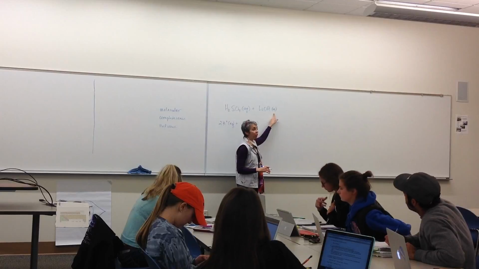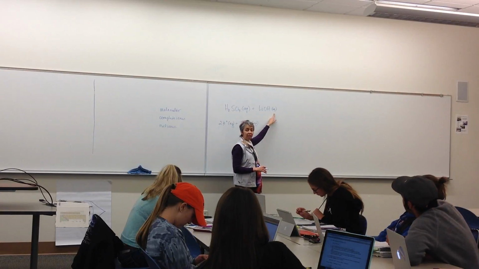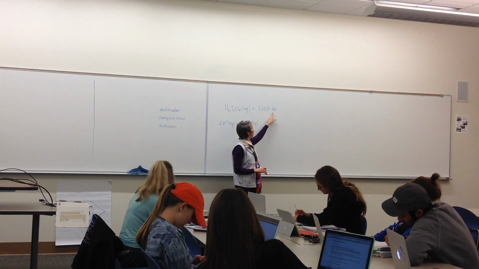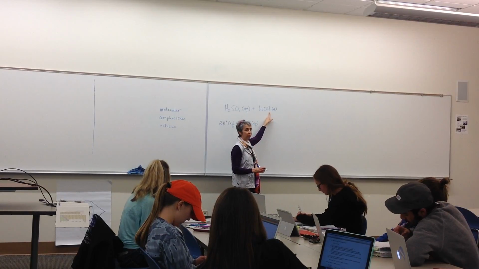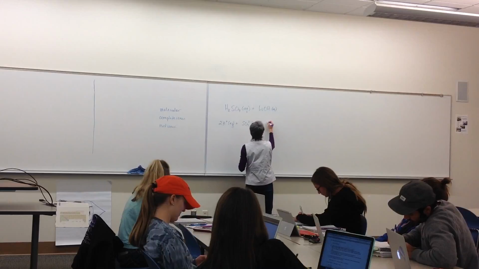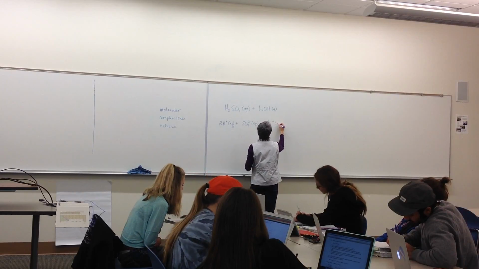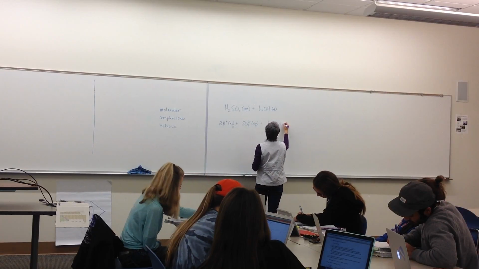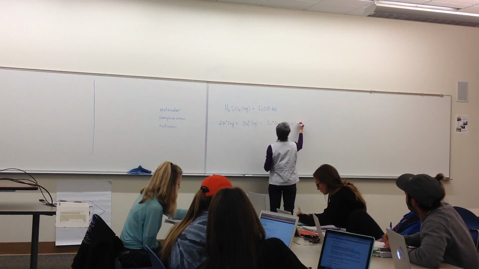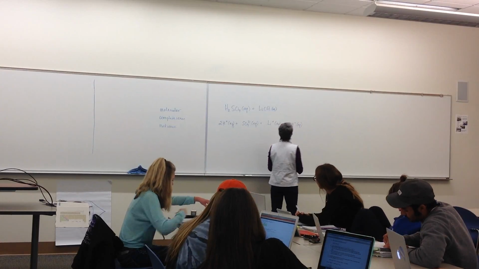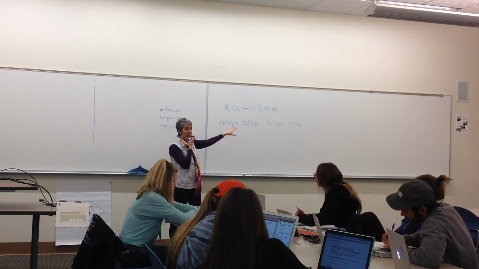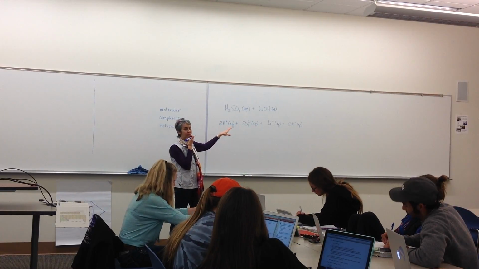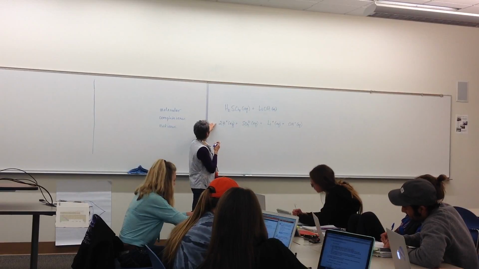This is dissolved, and we can tell it's dissolved because it's got (aq) after it. So it's an ionic compound. If an ionic compound dissolves, what does it do? It dissociates. So we would represent this as such. Okay, so really, those are what our reactants are. So this is the start.